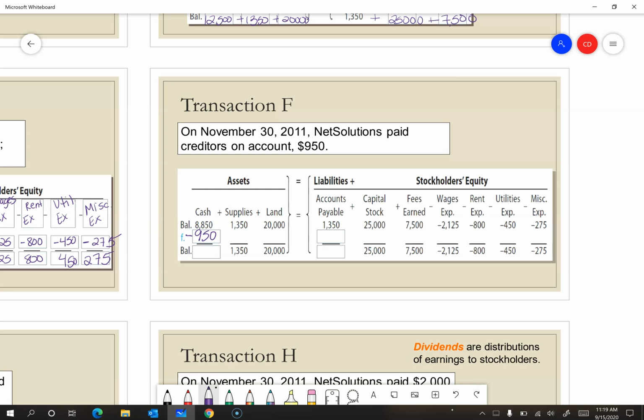Because we're making a payment to a creditor, which means we are getting a decrease in our accounts payable, okay? And when we do that and we update our totals, we see we have a balance of $7,900. We have a balance update of $400, and then all the other balances remain the same. Okay, so paying on it, we're making a payment to a creditor.